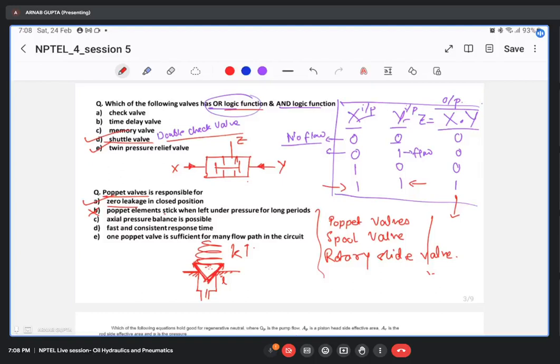You can get rid of that by some means, but generally it can't be avoided. So there will be imbalance. So I will rather not take this point because there will be axial pressure imbalance in poppet type valves.